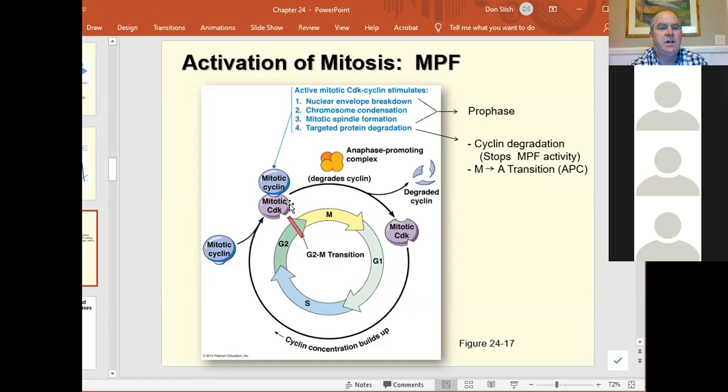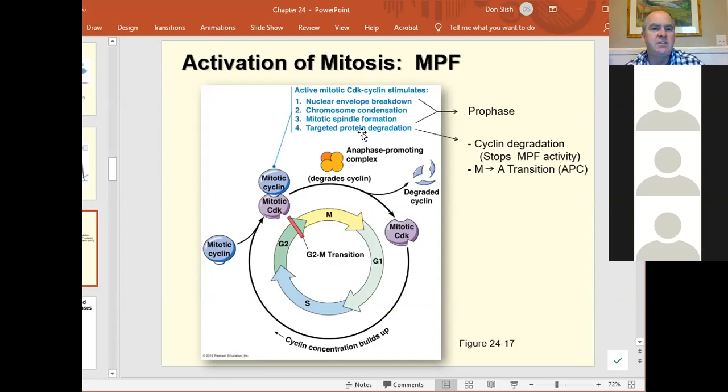Then it binds together, forms MPF, and MPF causes nuclear envelope breakdown by phosphorylating those lamins, chromosome condensation by phosphorylating condensin, mitotic spindle formation by activating non-motor MAPs, and controlling the catastrophe and then repolymerization of the microtubules. And all these things are what I was saying earlier were prophase. So MPF directly causes prophase by doing that.